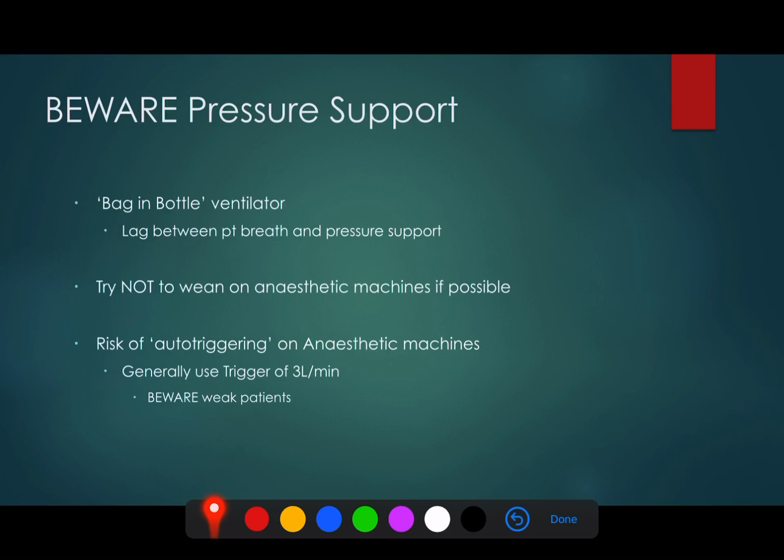The one thing I would say about setting this slightly higher trigger level of 3 litres per minute is that patients who are weak, and certainly those patients who have been on intensive care for long periods of time, may not have the intercostal and diaphragmatic strength. They may not be able to generate 3 litres per minute. So again, these patients shouldn't be weaned on an anaesthetic machine. We should change them around to an intensive care machine.